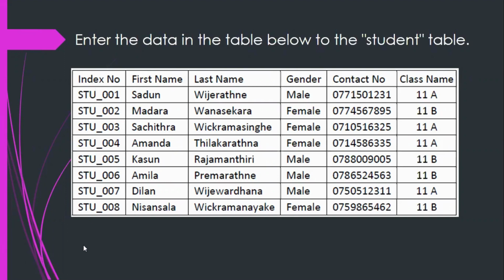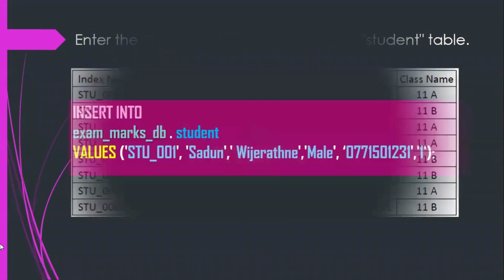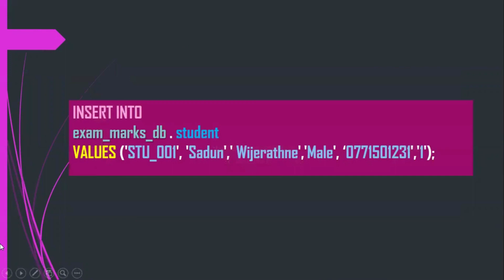To create this query, I'll be using a format like this. I'm going to type the query like insert into ExamMarksDB.student, and then I'll give the values inside the brackets, with those data inside single quotations. ExamMarksDB is our database and student is our table.